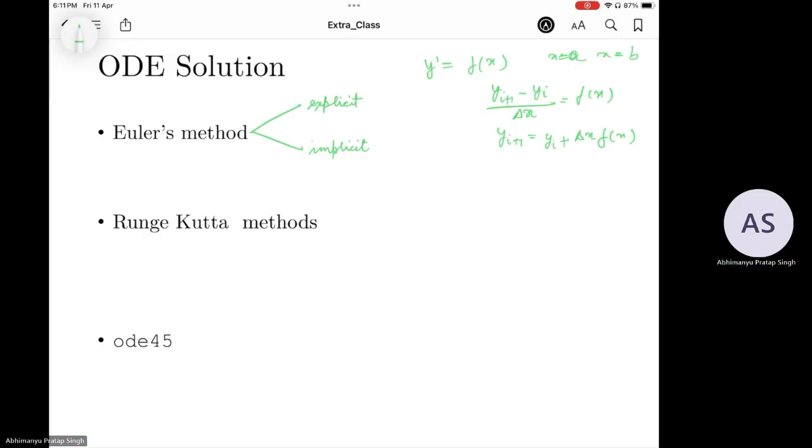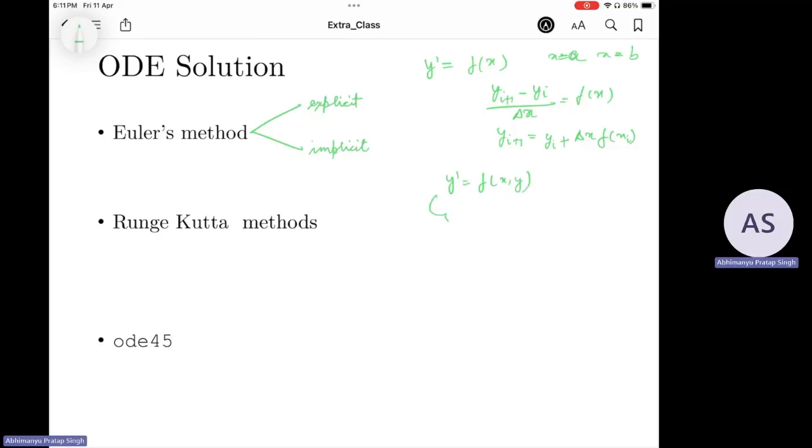In here, this xi we are using is from the previous time step only, okay. This is simple, there is no problem. And now let us look at the other one. So y prime is equal to f of x comma y, both, okay.